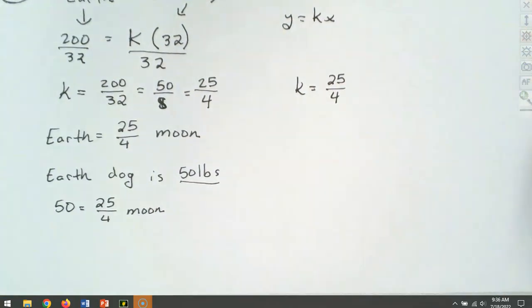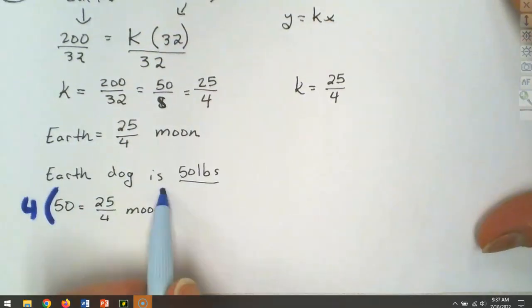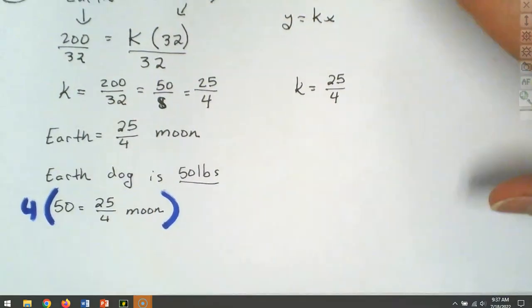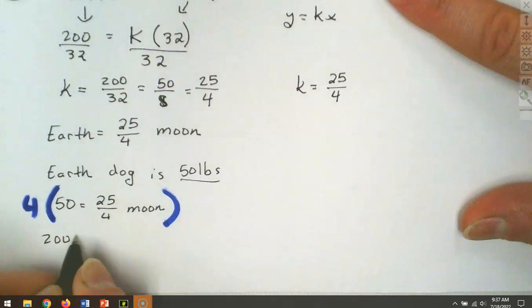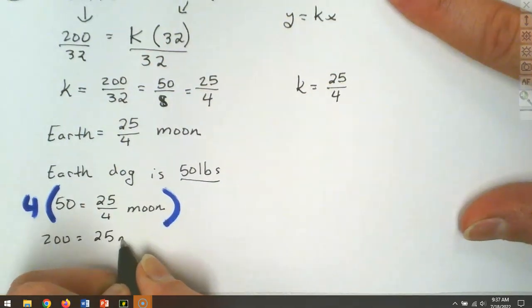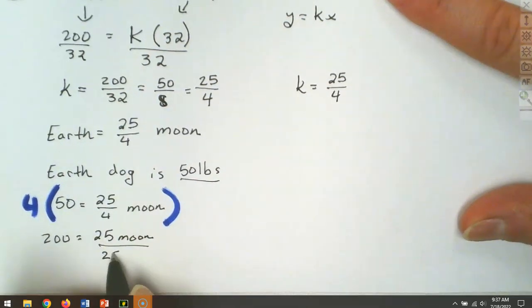Now we're missing one variable, so we can quickly solve this. So we'll just multiply it by 4 to clear our fractions. And 4 times 50, well, that's 200. The 4's cancel, and that equals 25 times the weight on the moon. We'll divide by 25.